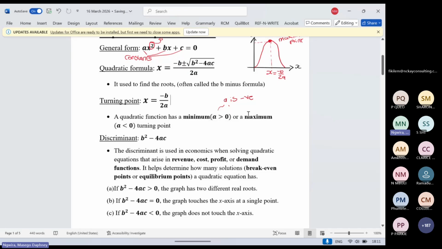But then if my A is less than 0, meaning the A on my function is a negative number, I'm going to have a maximum. So it's a minimum if A is positive, and a maximum if your A is negative.